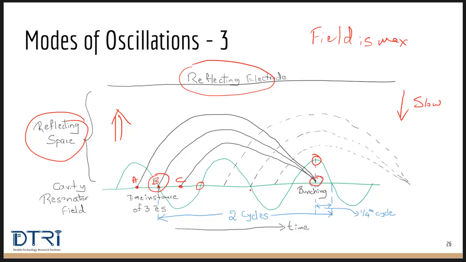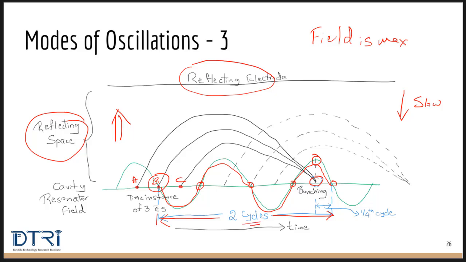These are zero field points. In this example, we have considered a case where there are two cycles of the field from the reference electron point. This is one cycle. This is the second cycle. Two cycles.